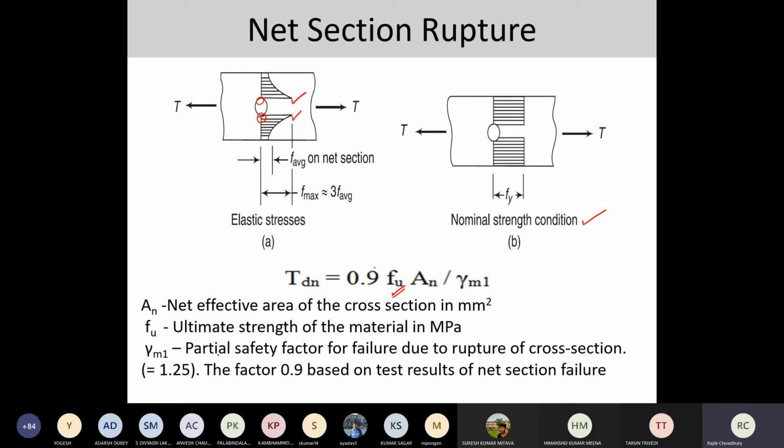Now this 0.9, as I said, I would prefer to call a reserve strength, but some textbooks and literature say it comes from test results, from intentionally making the failure, to see how much total force is involved.